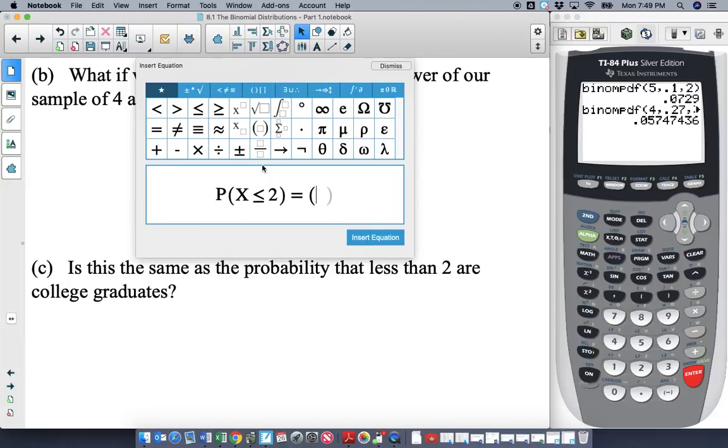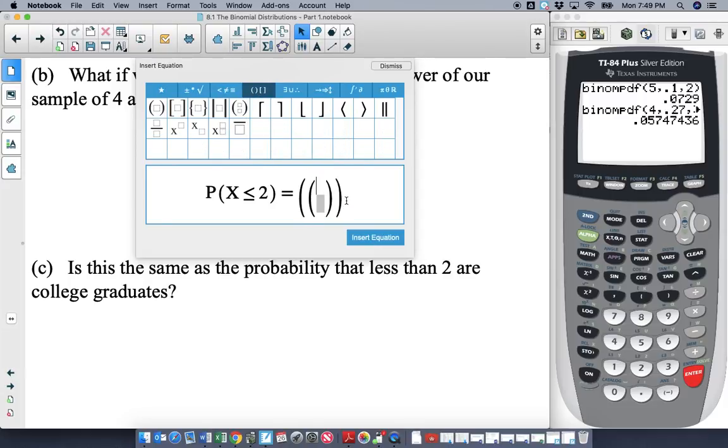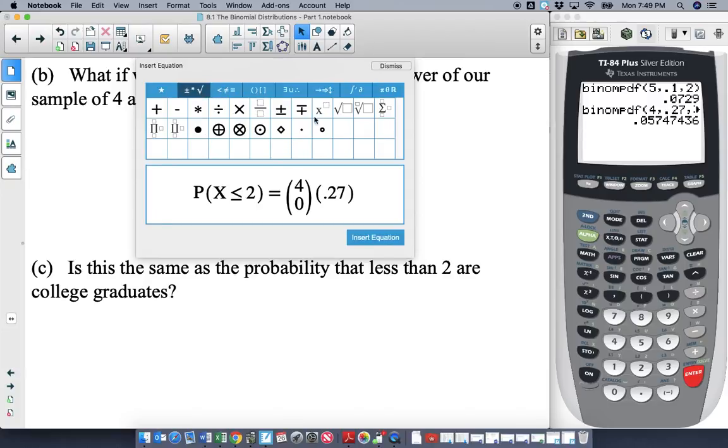I need to find the probability of x being 0 out of the 4. So I need my choose. Oops, I guess I have 2 sets of parentheses there. Okay, let me go back. I need 4 choose 0 times the probability of success, which was 0.27 to the 0 power, times 1 minus that, 0.73 to the 4th power, 4 minus 0.